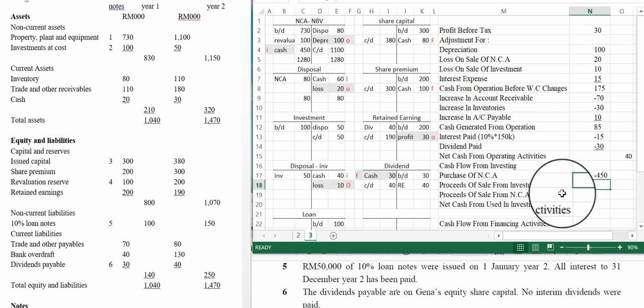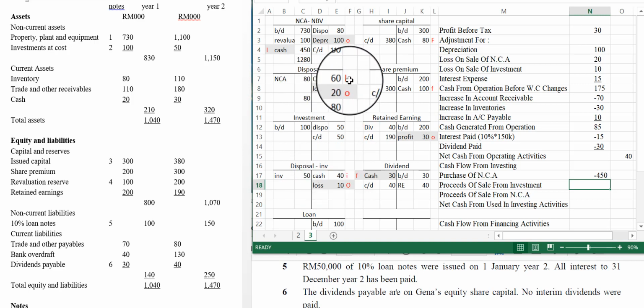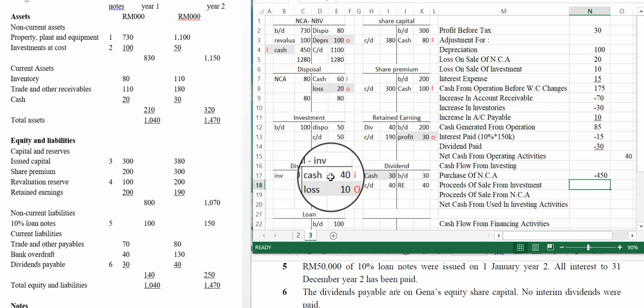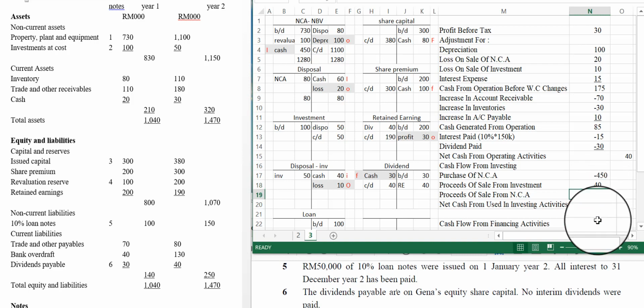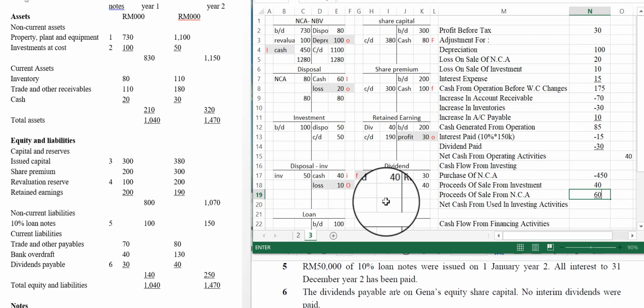Proceeds from sale of investment. You dispose of your investment here. This is I, right? This is also I. So whichever comes first, it doesn't matter. Investments, I comes in first. So proceeds means you receive the money, 40,000. And when you sell your asset here, you receive 60,000.